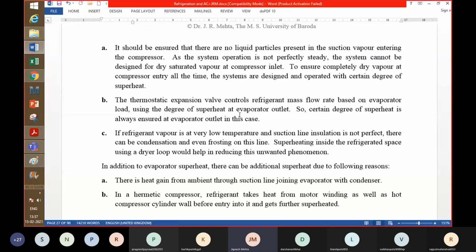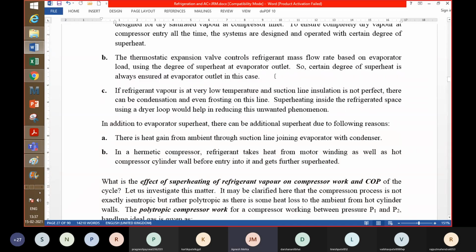And your compressor is after that point, right? That is, you will put the sensor for the thermostatic expansion valve at the outlet of the evaporator, and there it should be slightly superheated. So obviously after that there is the suction line and then the compressor. So obviously when it reaches the compressor, it is superheated.